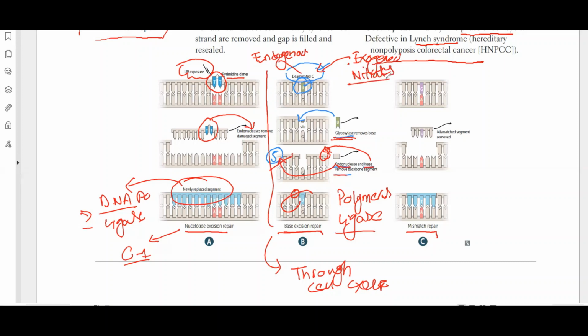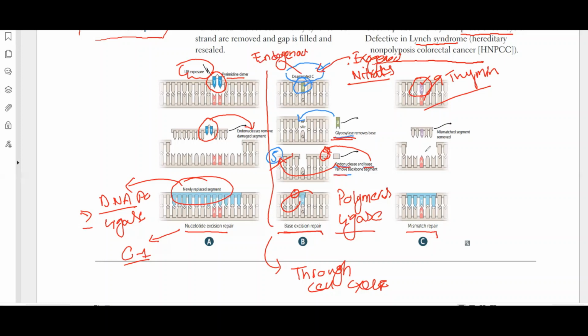The last one is the mismatch repair. Normally, adenine pairs with thymine. In this case, the adenine does not pair with the thymine, and the mismatched nucleotide is guanine.